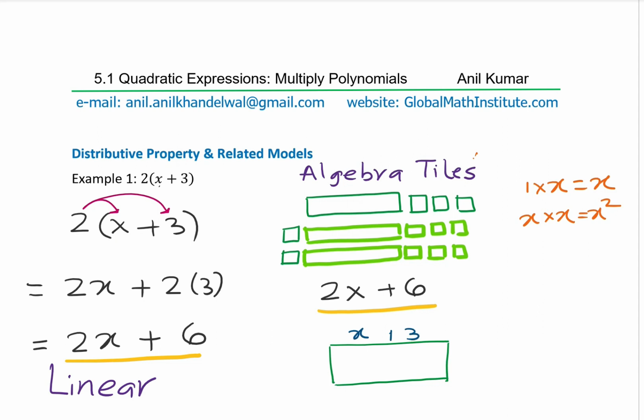So that is x plus 3. And the other side is 2 units. So when you multiply, you get x times 2, which is 2x, and 2 times 3, which is 6. And you again get the same result. So it is a very simplified way of doing it. And you can also use this particular rectangle model to find the product of polynomials. So we'll call this our rectangle model.